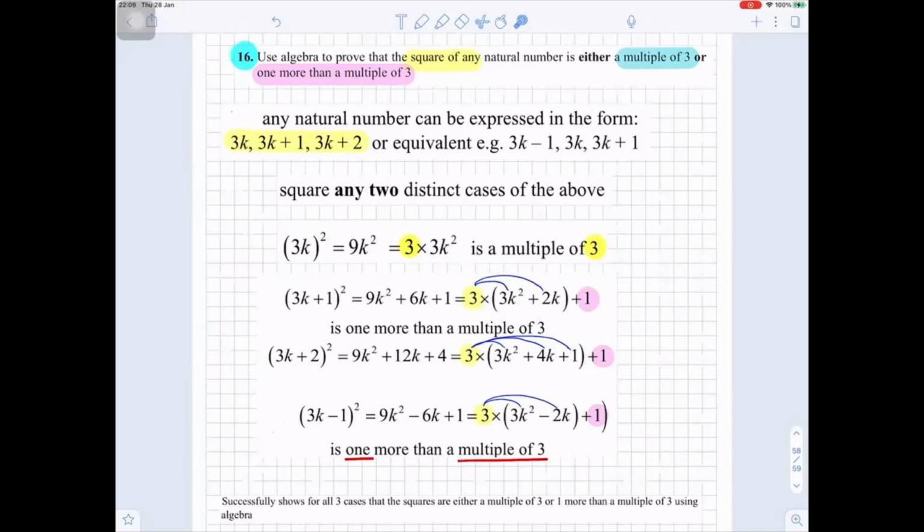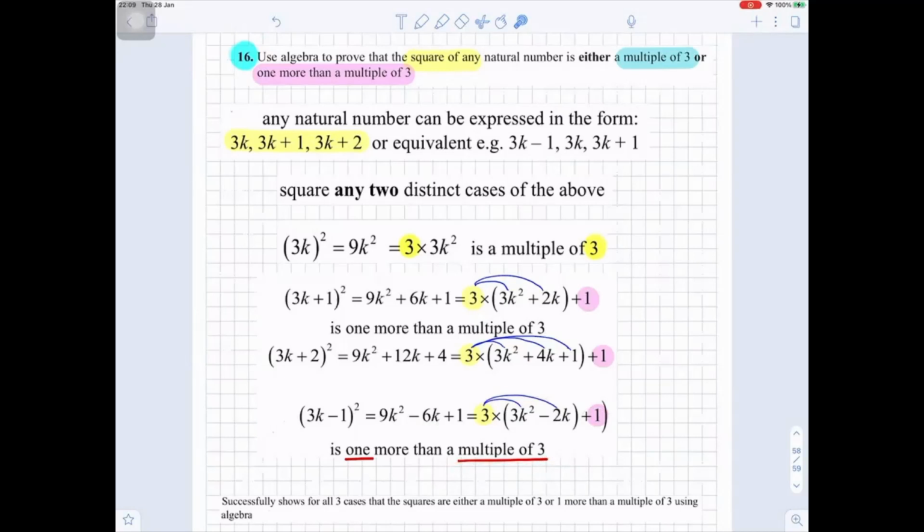Now, if you use 3k minus 1 squared and write it twice and multiply it out, 3k minus 1 times 3k minus 1, we get 9k squared minus 6k plus 1. 9k squared is the same as 3 times 3k squared, and 3 times minus 2k is minus 6k, plus the 1 is 1 more than a multiple of 3.